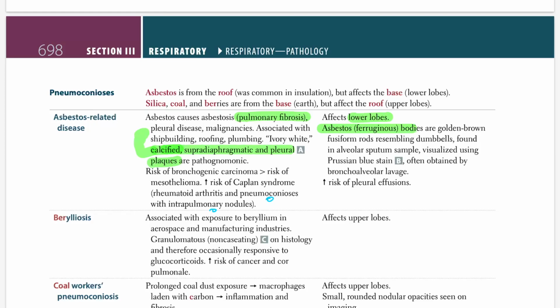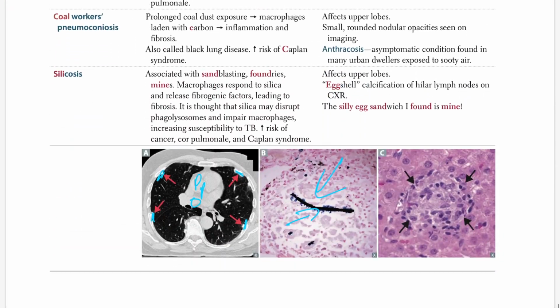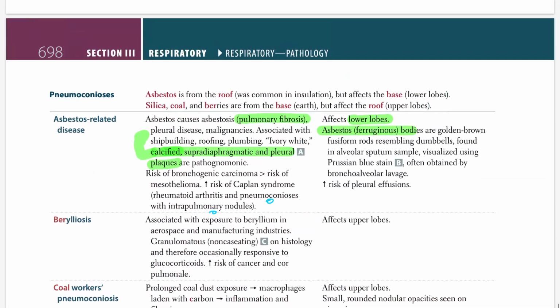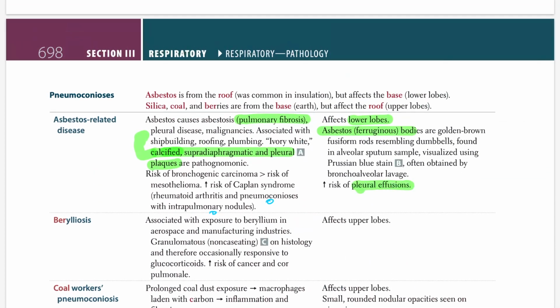You're not going to see that white thing in the lungs, but in the pleura, on the side. Also pleural effusion. Three things: pulmonary fibrosis, pleural plaques, pleural effusions in the lower lobe, and the ferruginous bodies, and bronchogenic carcinoma greater than mesothelioma. And that's all for this one.